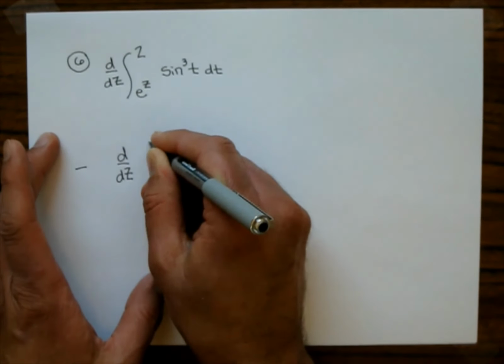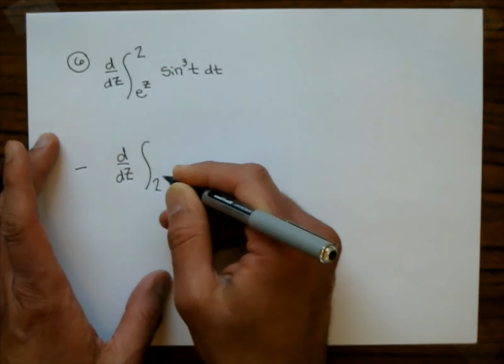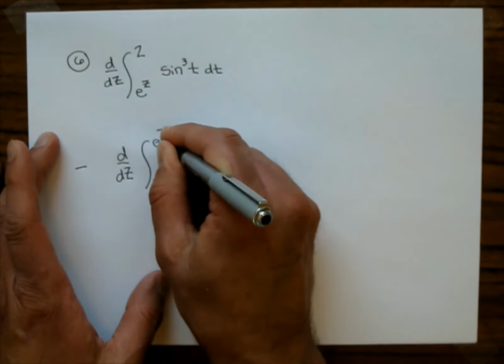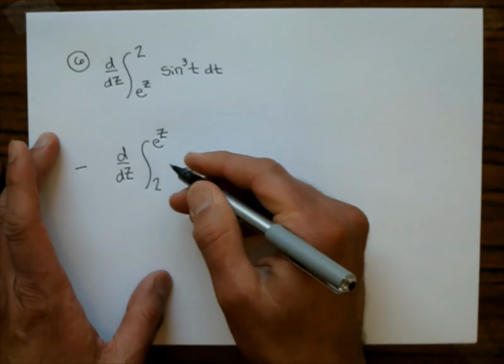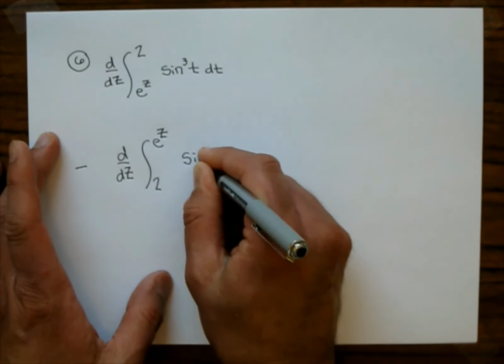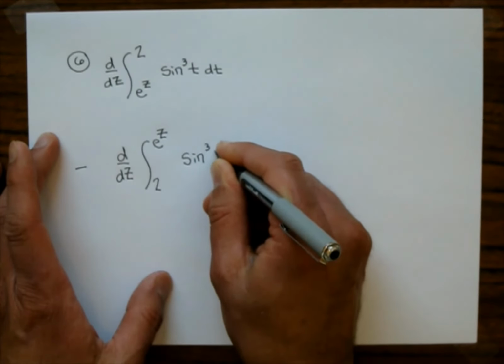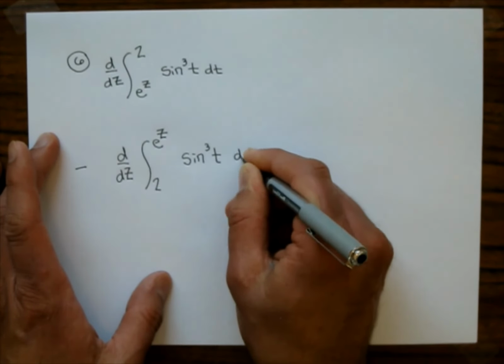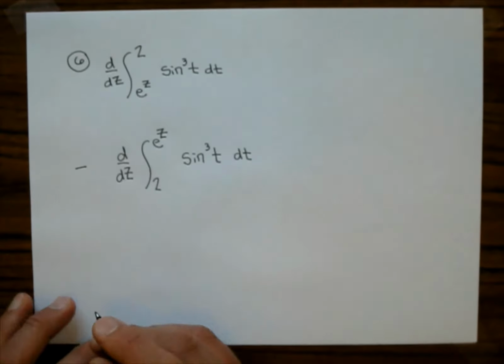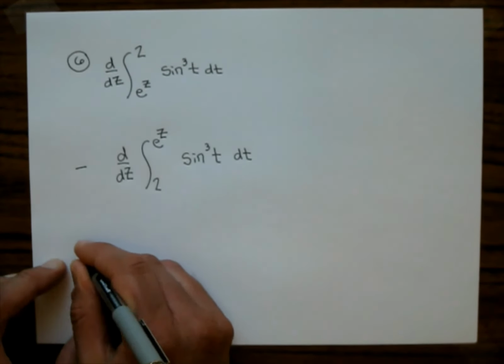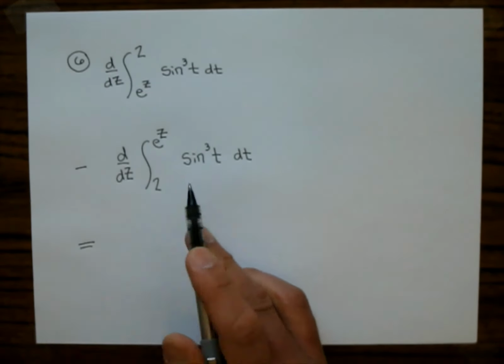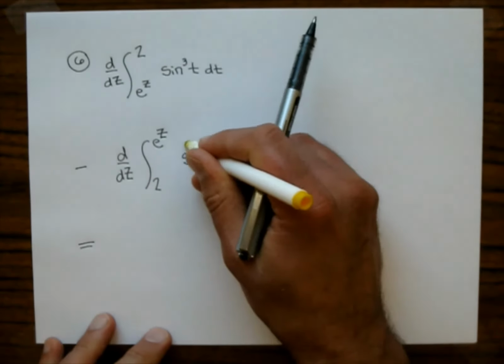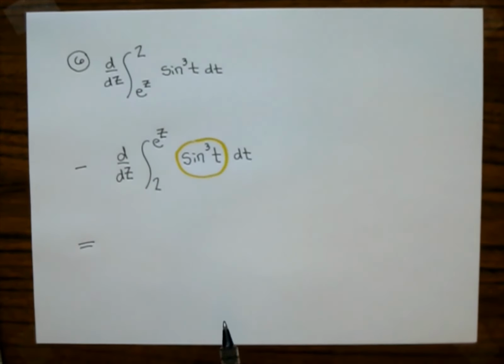And now this goes from 2 to e to the z, and then we have sine cubed t dt. Okay, so what we're going to do is we're going to rewrite this. This is the one I was circling in yellow. Maybe I should circle it in yellow again.